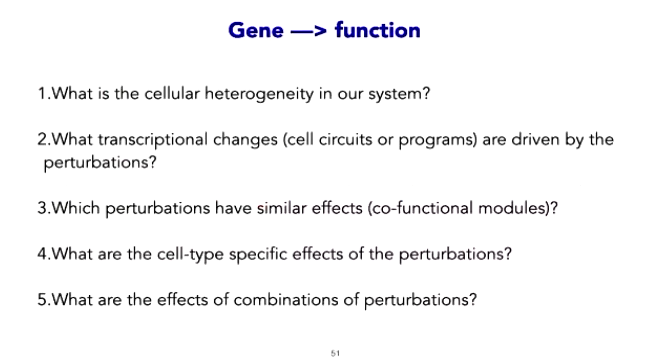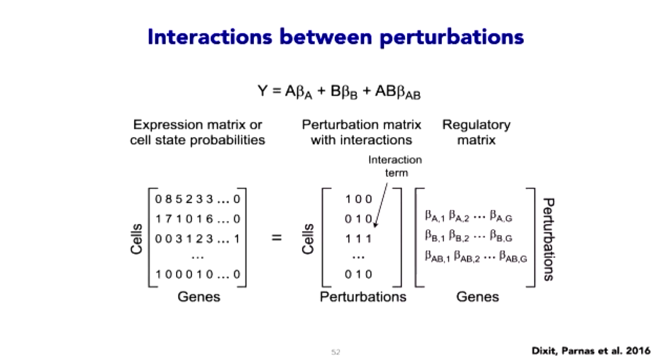So finally, we ask, what are the effects of combinations of perturbations? Within the regression framework that we've been going along so far, this can be added as an interaction term. So we can imagine adding an interaction term for combinations of perturbations that are detected within cells. Again, the setup is similar.